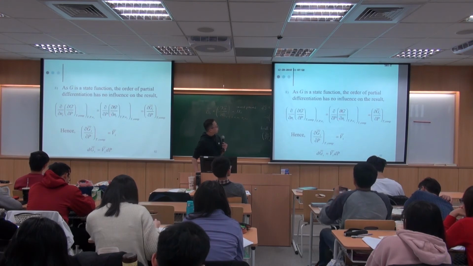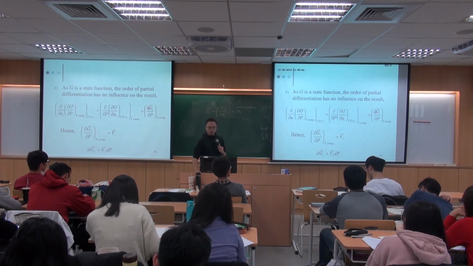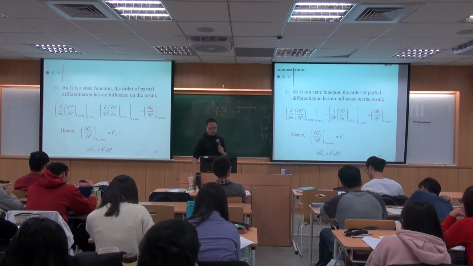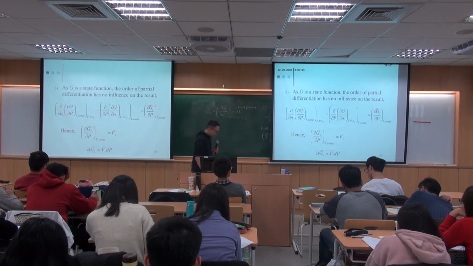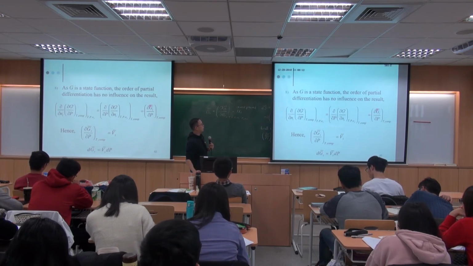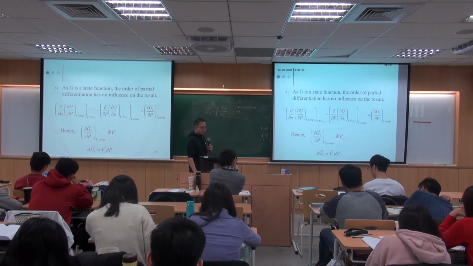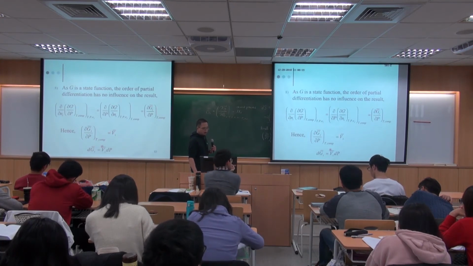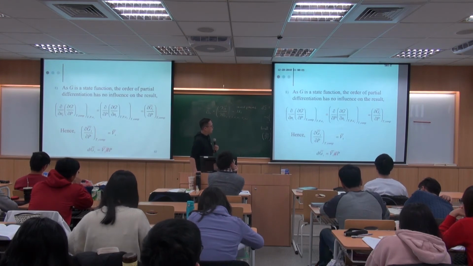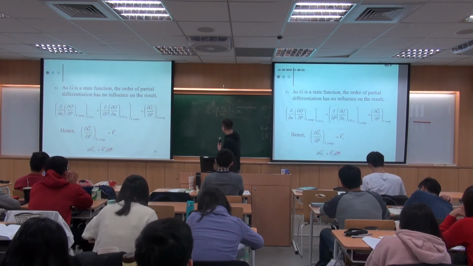But if you do partial G and partial N first, the result should be the same. Therefore, we know that the partial Gi bar, which is the differentiation of molar Gibbs free energy against pressure, should be the same as the partial molar volume. Therefore, you have dGi as Vi bar dP.